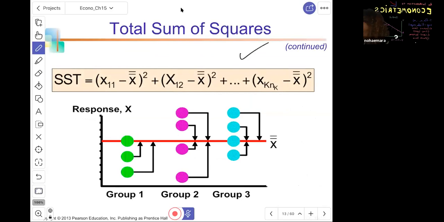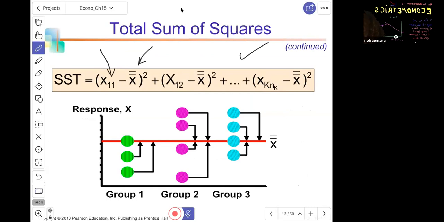I like this slide because it shows us in a nice way what the total variation is. Total variation is: I take each X in the model and I see how far it is from the overall mean, right?